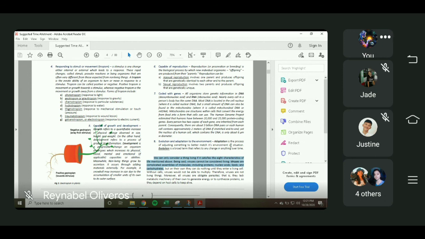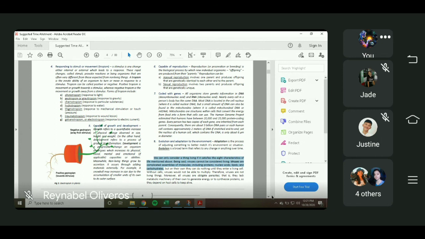'Di ba? So, once na dumapo yung coronavirus sa katawan ng tao, pumasok yan sa kanyang respiratory system, doon pa lang siya magkakaroon ng kakayanan na mag-reproduce at mabuhay. Pero kapag wala yan sa katawan ng tao, hindi yan makakapag-reproduce. Hindi sila makakapagparami. Okay? So, yun po yun.